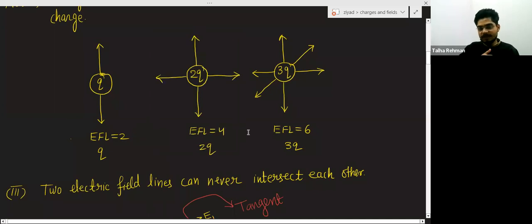Double the charge, double the electric field lines; triple the charge, triple the electric field lines; 4 times the charge, 4 times the electric field lines.